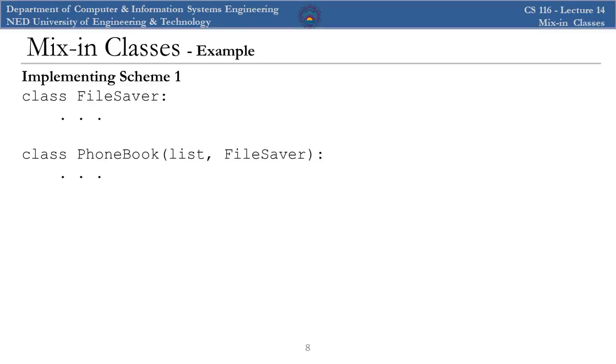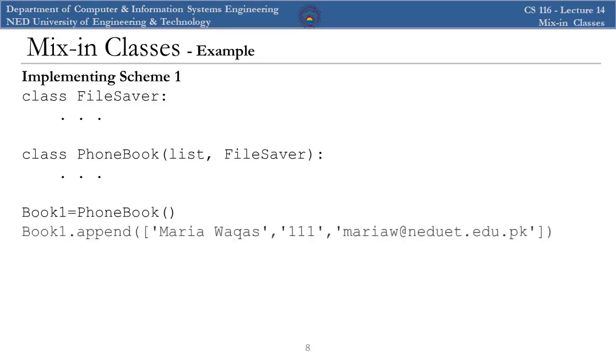And then since it's inheriting from list class, it can call any method of that class list. So let's instantiate an object of phone book type. Now this phone book type object book1 can access all the methods of class phone book. It can also access all the methods of class list, and it can also access all the methods of class file saver.